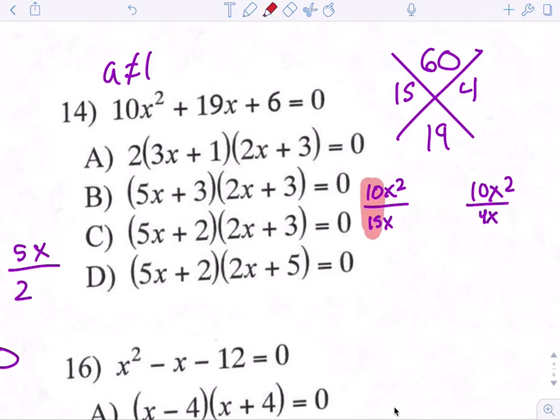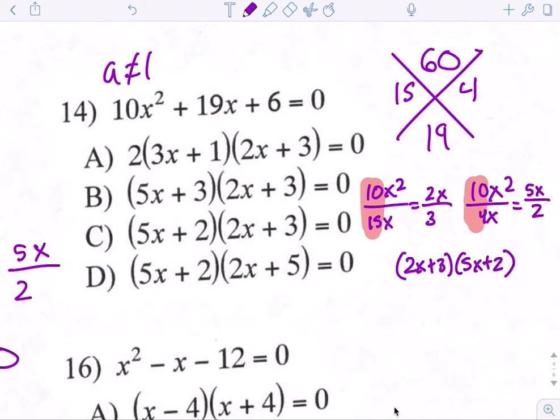Right here, you guys can factor out a 5 from top and bottom, so that's going to be 2 over 3, and then x on top. Over here, divide top and bottom by 2, so we're going to get 5x over 2. So 2x plus 3, 5x plus 2. C.